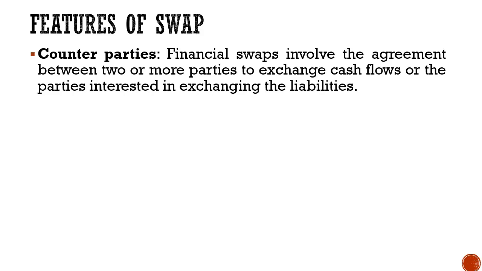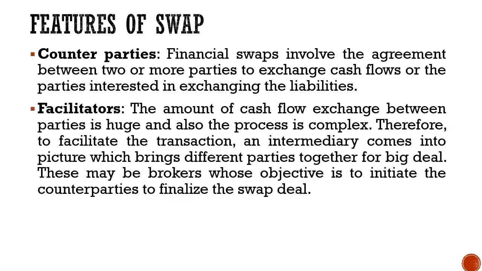Number 1, counterparties. Financial swap involves the agreement between two or more parties to exchange cash flows, or the parties interested in exchanging the liability. Second, facilitators. The amount of cash flow exchanged between parties is huge and also the process is complex.